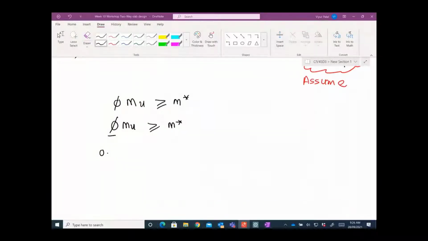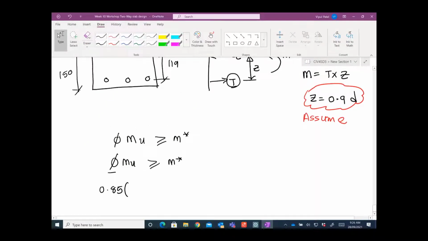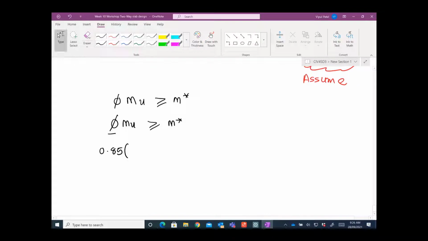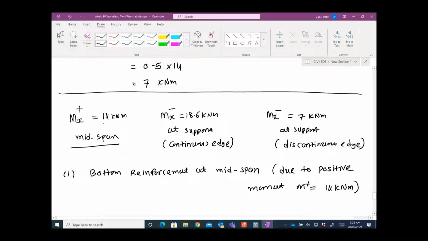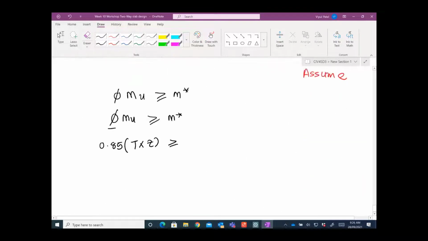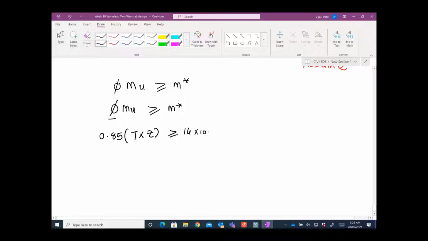So phi is 0.85, Mu is your tension force times the Z, greater than M star for mid span. M star mid span is 14 kilonewton meters. So you have 14 times 1000 times 1000 to use it in Newton millimeters.